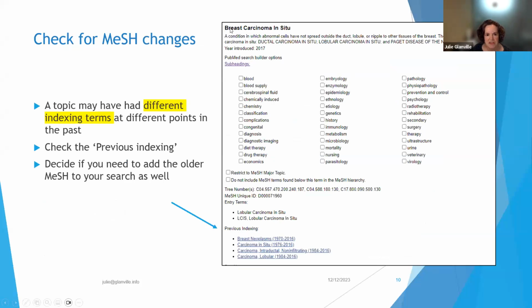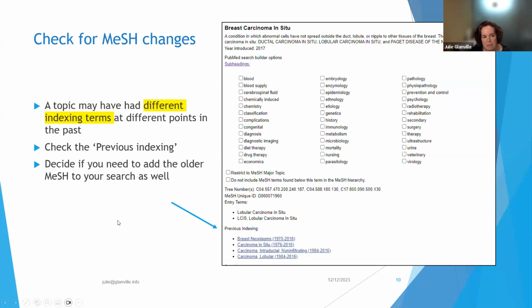So if we look at this heading, breast carcinoma in situ, we see it was introduced in 2017. So that means that before 2017, breast cancer in situ was indexed under other headings. And the headings that were used are listed here. So it's important to look at these and decide if you want to also add these to your strategy to pick up records that were indexed with other terms in the past.